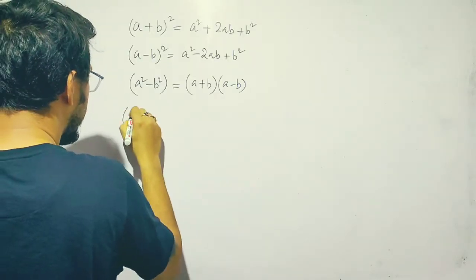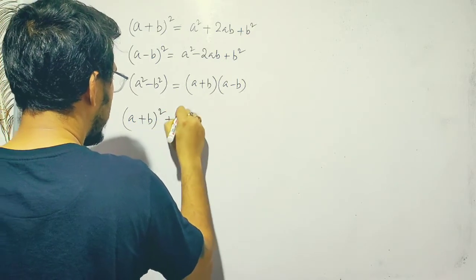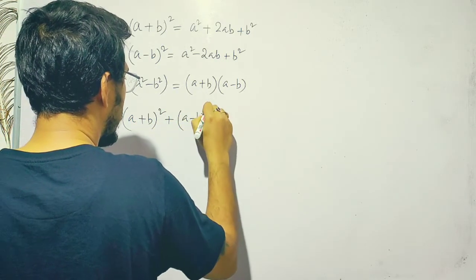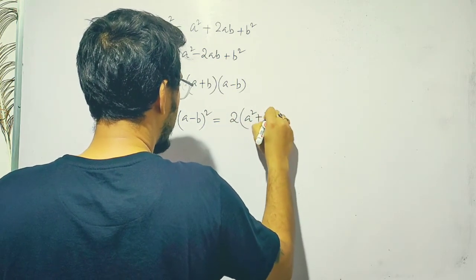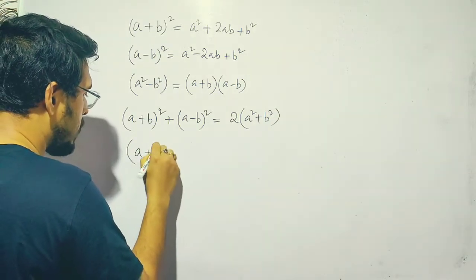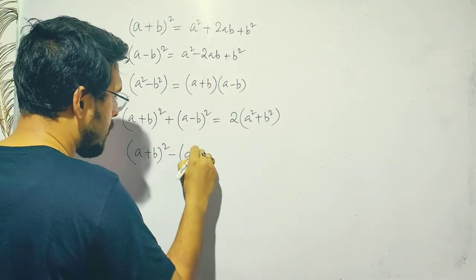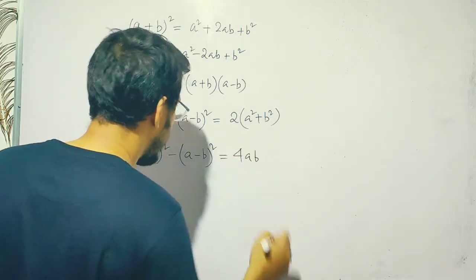Fourth one, a plus b whole square plus a minus b whole square, that will be 2 times a square plus b square. Then a plus b whole square minus a minus b whole square, that is 4 times ab.